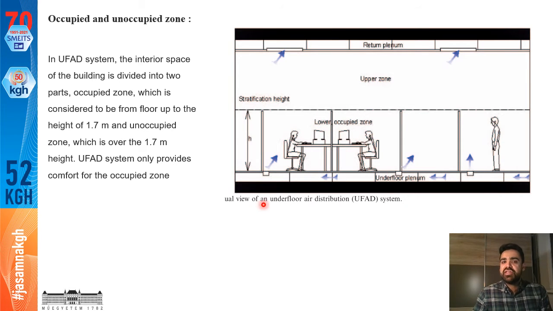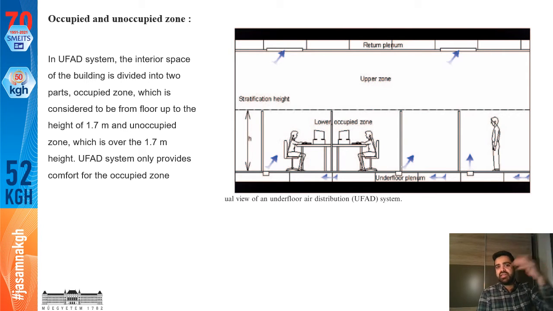Then we considered 1.5 meter as the occupied zone, and above it, obviously, the temperature could be different, and the normal height of a human being we consider to be around 1.7 to 1.8.